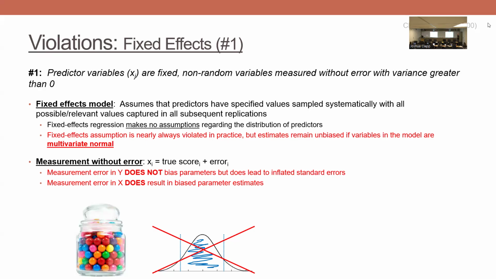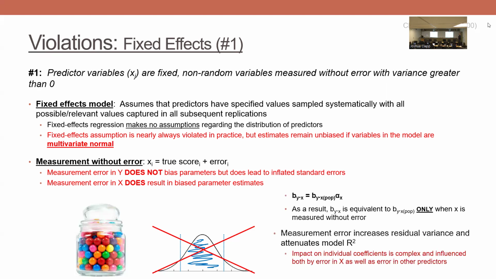Now, measurement error in X does create a bias in my parameter estimates, okay? As soon as I'm measuring my predictors with error, it starts to impact my parameter estimates. So if we think about this beta, or B, y given x, this is just your coefficient for an individual regression coefficient, right?